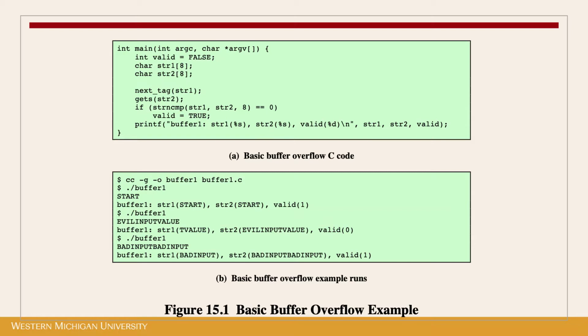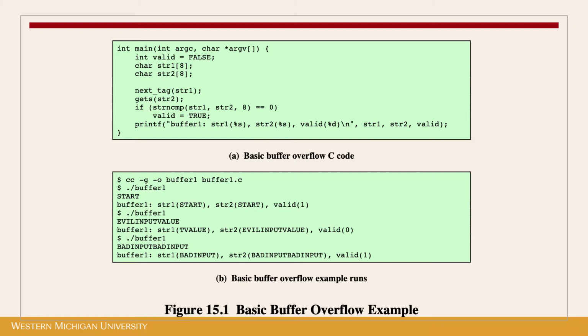But what happens if we can figure out that this vulnerability is there and craft our input? Say that start is the string I'm supposed to enter, and I want to make sure that I can validate myself in this application. So what happens if I do something that's actually going to overwrite things in such a way that they match? In that case, I can do bad input, bad input. Notice that bad input is 8 characters.